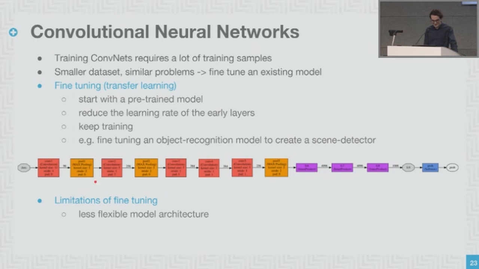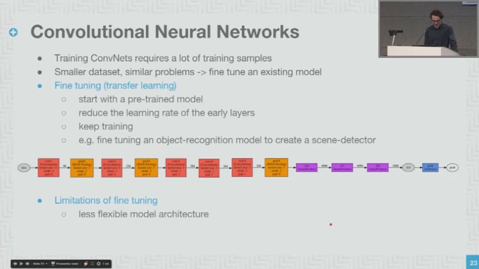But it's a common practice to have a lower learning rate for the early layers and then fine-tune the later layers. For example, we can fine-tune an object recognition model to create a scene detector. But we could even use it for more different tasks. Object recognition and scene detection are very similar tasks, and we could even do that by just fine-tuning a single layer.